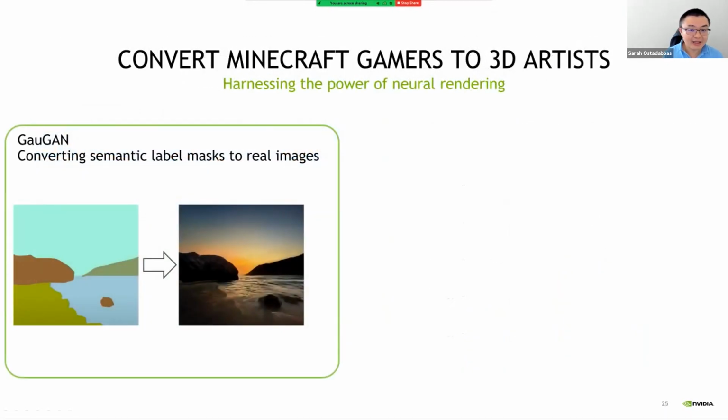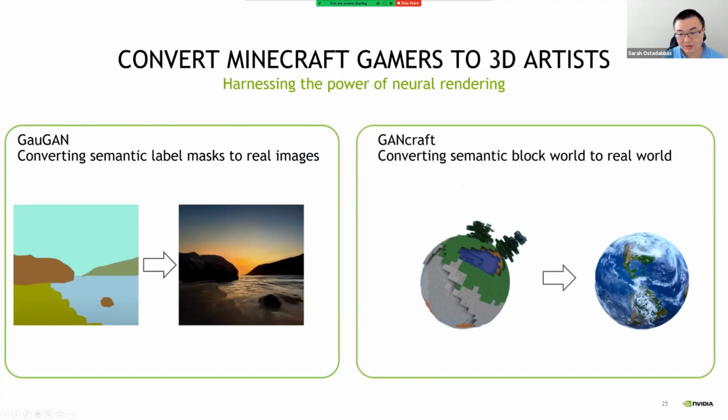So earlier we had a paper called GauGAN, which is about converting a segmentation mask to photorealistic images. You have a segmentation mask either extracted from a real image or painted by a user. Using the network, you get a photorealistic image. After that, we have been thinking about how to extend it to the 3D world.